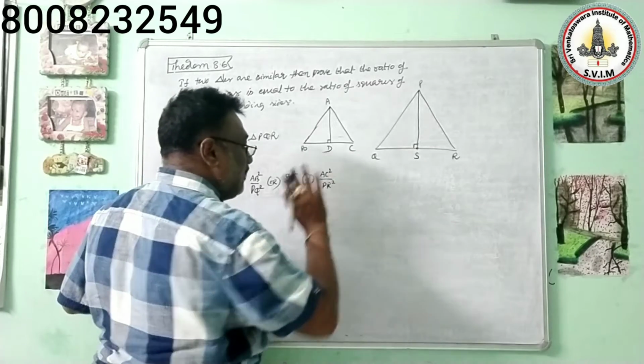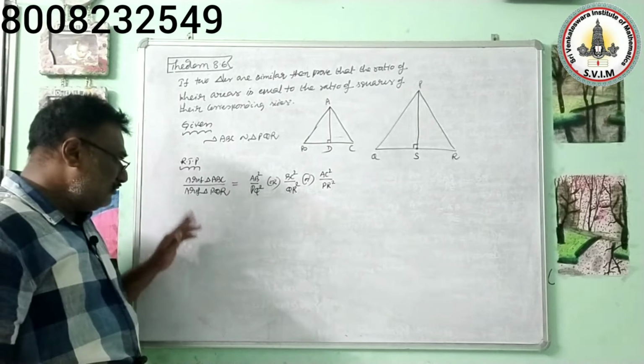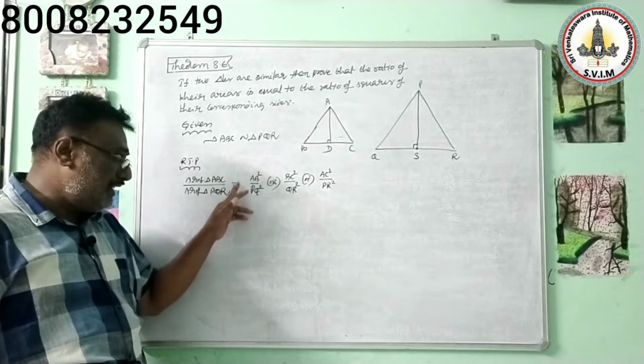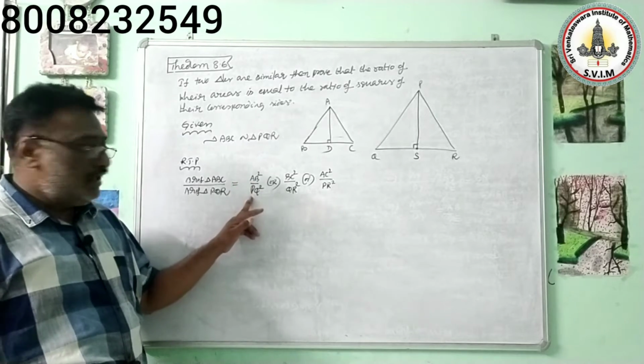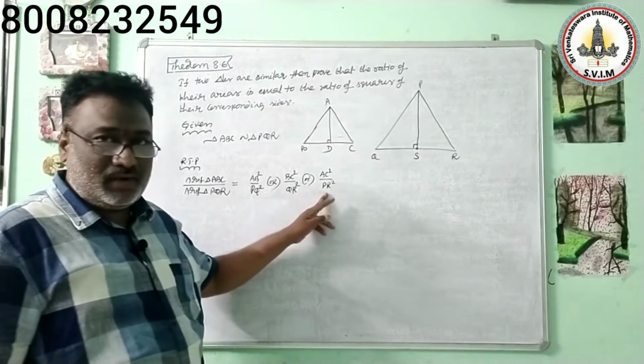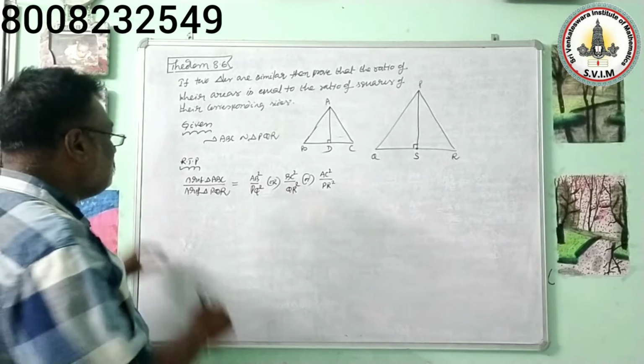That one we need to prove. Here it is enough for us to prove that area of triangle ABC by area of triangle PQR is equal to either AB square by PQ square or BC square by QR square or AC square by PR square to prove this theorem. Yes, now listen to me.